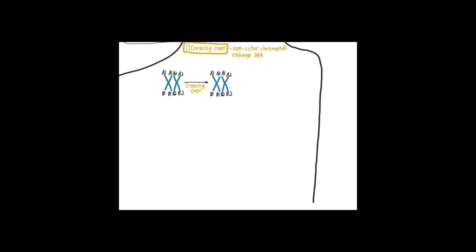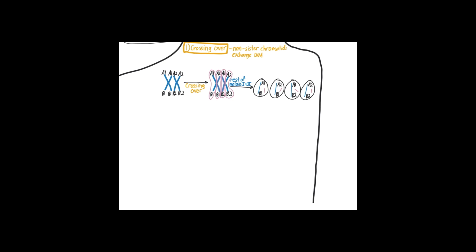After crossing over, this chromatid now has an A2 allele and a B1 allele, and this chromatid now has an A1 allele and a B2 allele. During the rest of meiosis, which we'll get to in a bit, each of these four chromatids will be sorted into a different haploid cell.